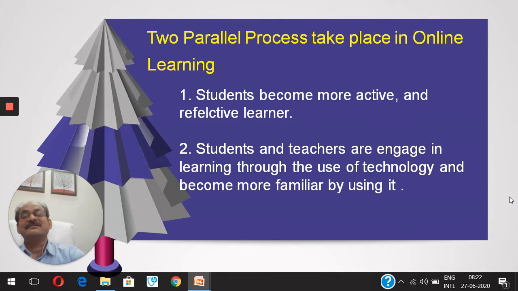Here is a very simple example. I have a mobile, but I am not using the maximum features of the mobile. But my daughter, who is very small, uses it thoroughly. She knows each and every aspect, each and every configuration, and each and every point inside the mobile.